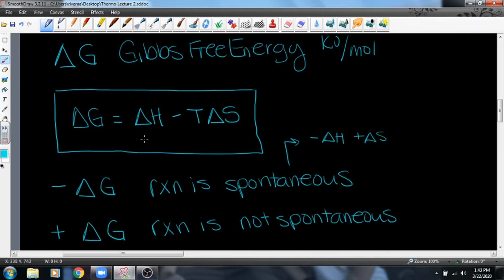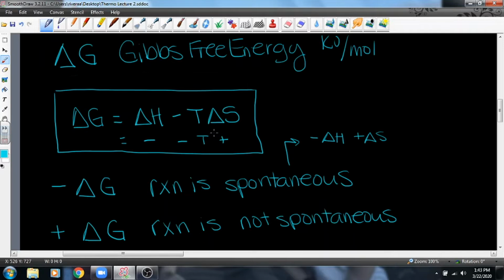Do you guys see here, up here in our equation, if we have a negative delta H and we subtract the temperature in Kelvin, of course, so there's not going to be a sign associated with temperature. So we're going to subtract from that the temperature times a positive delta S. Do you guys see how just algebraically, if we have this negative and we're subtracting this positive value, that's the same thing as adding a negative value?